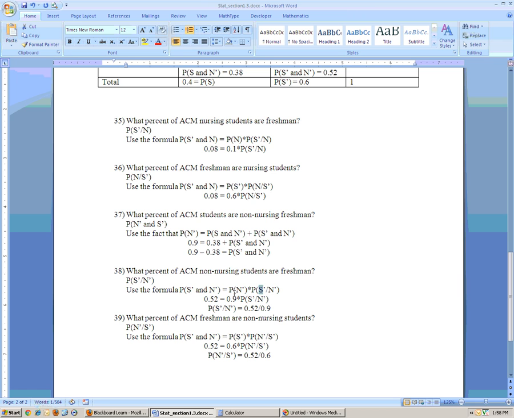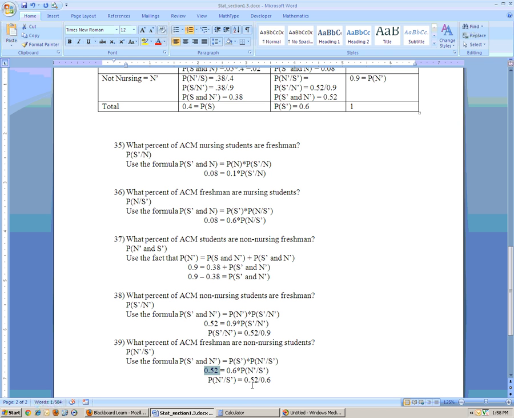Remember, the top letters always have to be the two different letters. And what goes down here is the variable that's over there. And see, we got it in the same format, so this will work too. We know that this is 0.52. The probability of not being a sophomore is 0.6. So divide, and you'll get this last one here, which is 0.52 divided by 0.6. And that will do it.